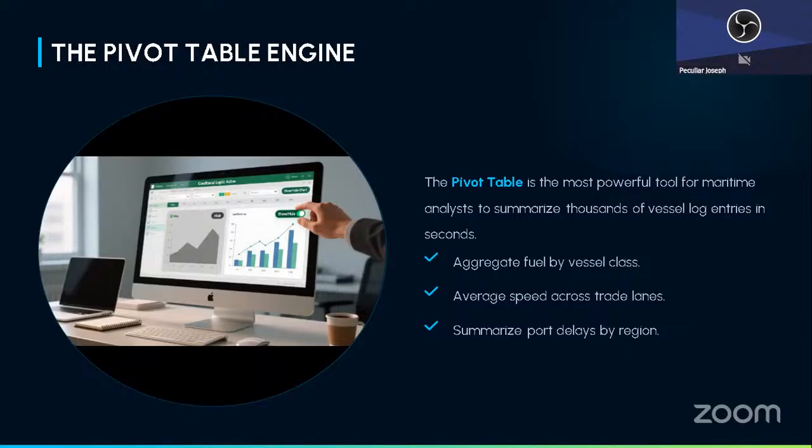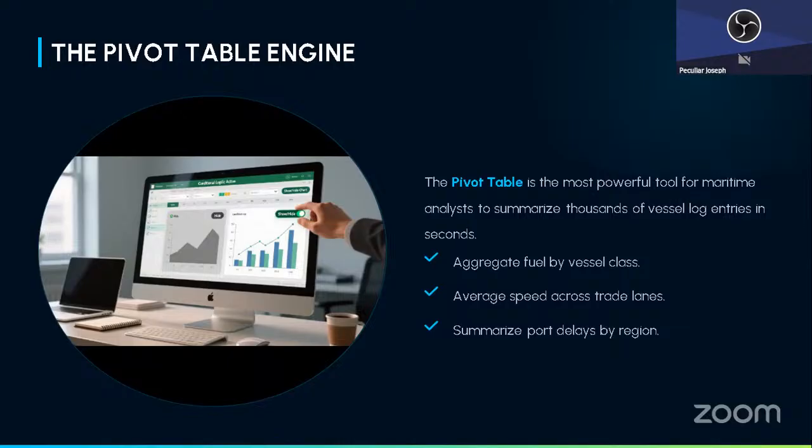Again, we can use it to summarize thousands of vessel log entries. We can use it to aggregate fuel by vessel class, average speed, and check out port delays by region, depending on the kind of data that we have.